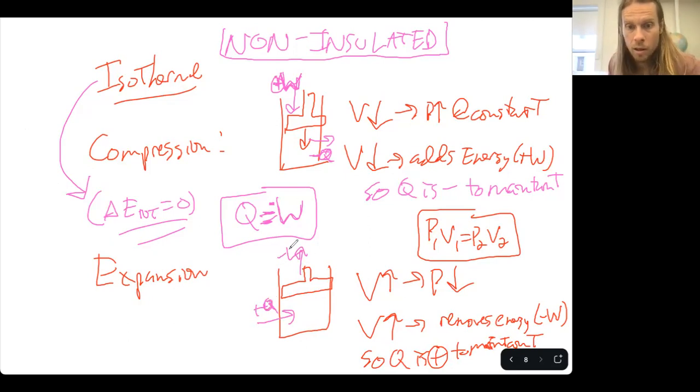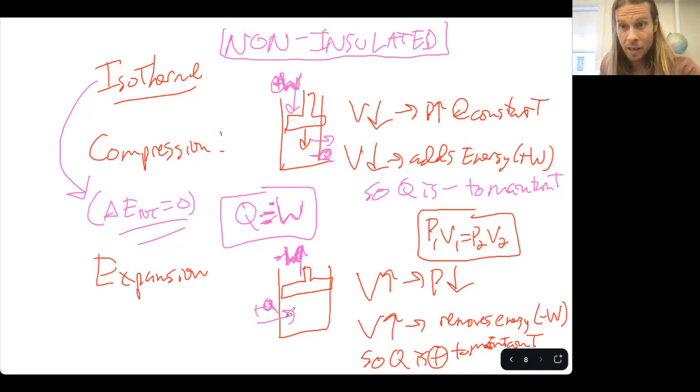And those are just the opposite of each other. So when work is negative, Q is positive for an isothermal. This is isothermal, by the way. And it therefore cannot be insulated, otherwise it would be like an ice piston or a fire piston. It would be cooling on expanding, heating or warming on compression.